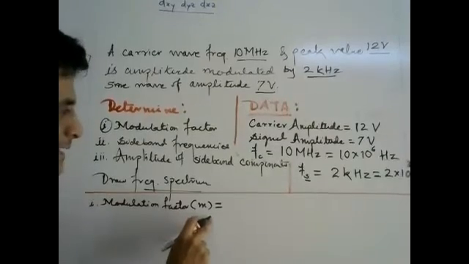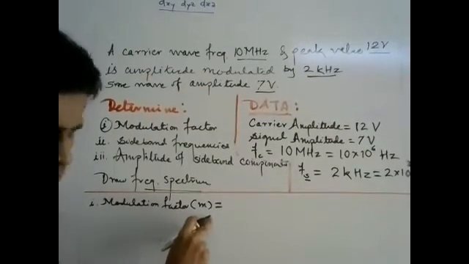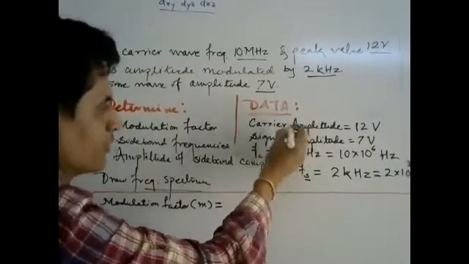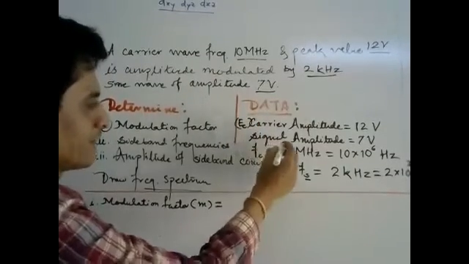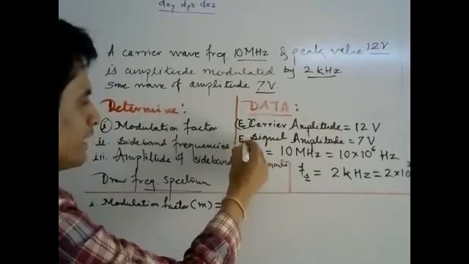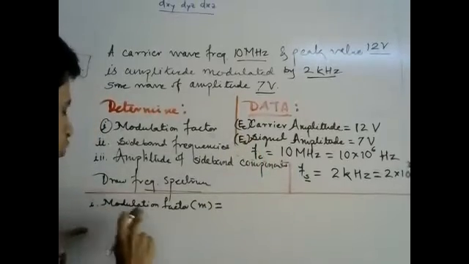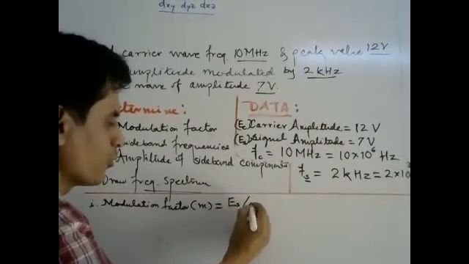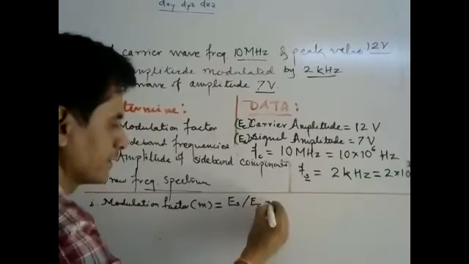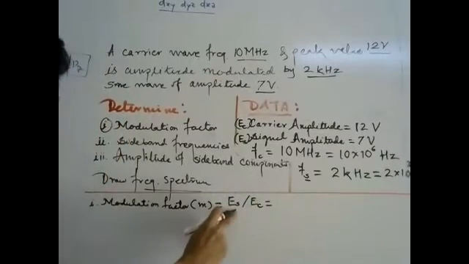Small m is equal to the signal amplitude upon the carrier amplitude. Generally, carrier amplitude is denoted by EC and signal amplitude is denoted by ES, and modulation factor is equal to ES upon EC. What is the ES?